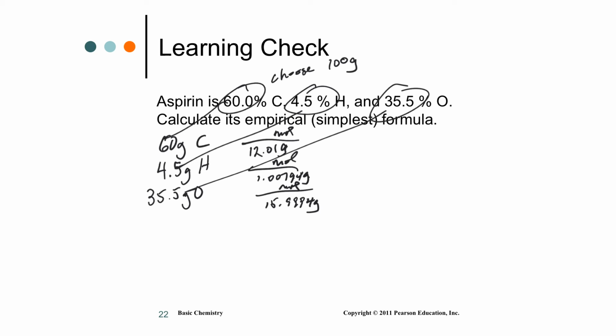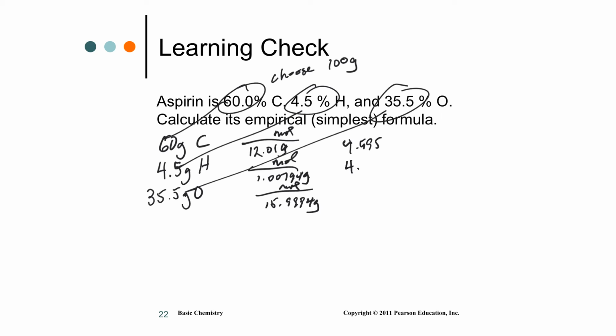Okay, so I'm going to take 60 divided by 12.01, and I get 4.995. Let's do it again. 4.5 divided by 1.00794 is 4.46.